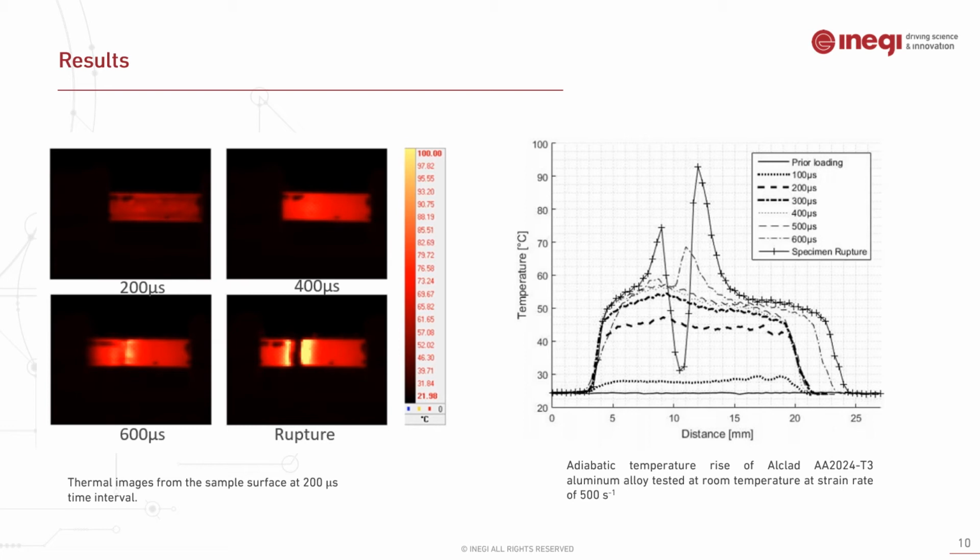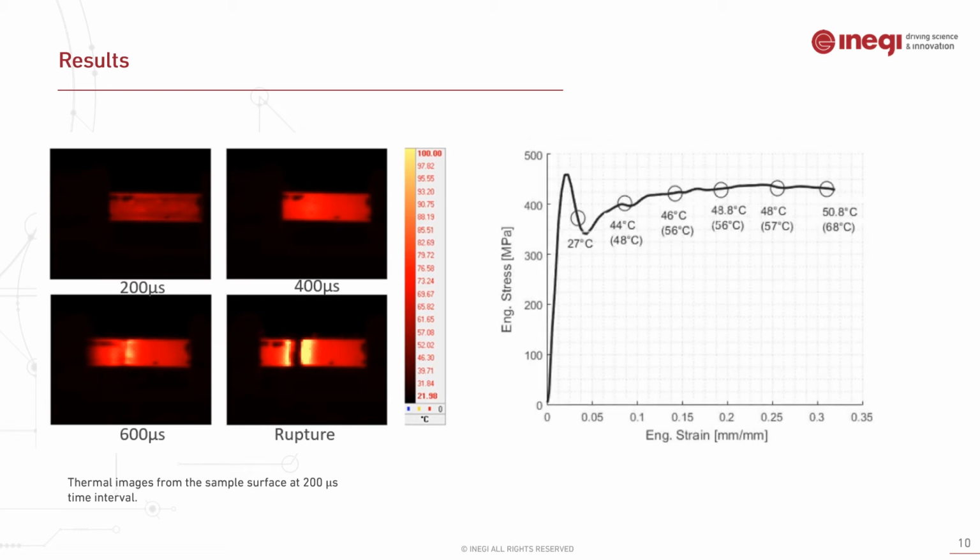You can see that at only 100 microseconds the temperature starts to rise by 3 degrees, which is the time the material reaches stress equilibrium. We also measure the average temperatures, and the peak values recorded in the necking zone, in parentheses.